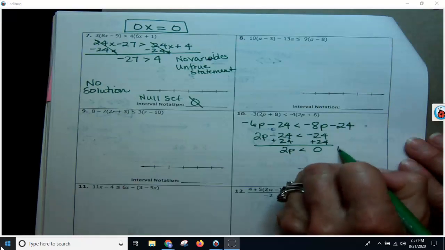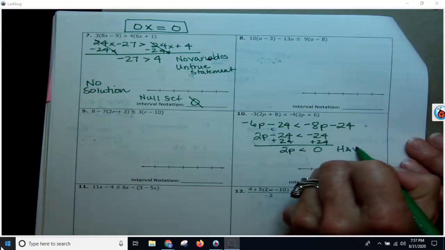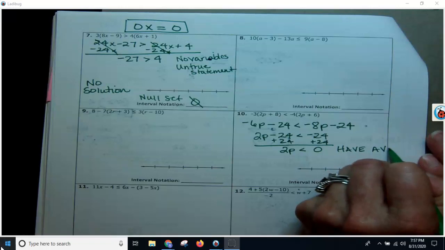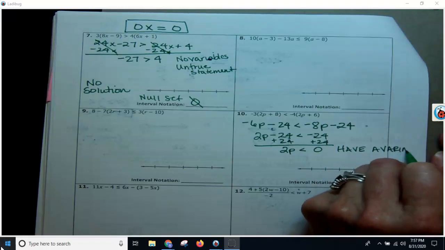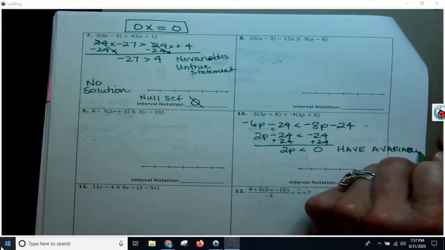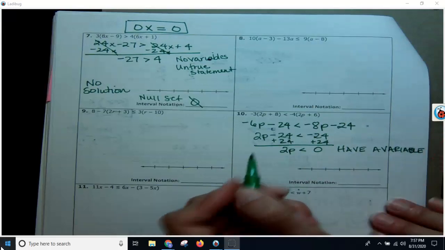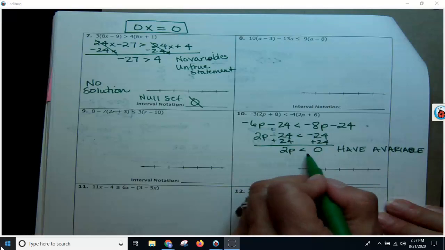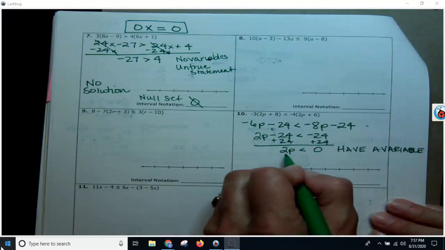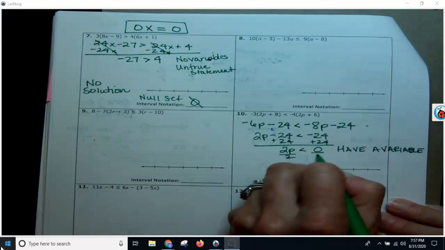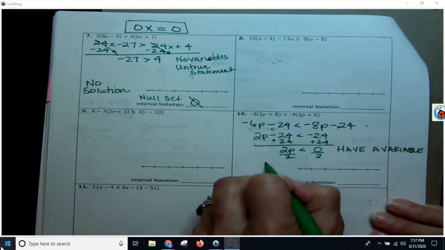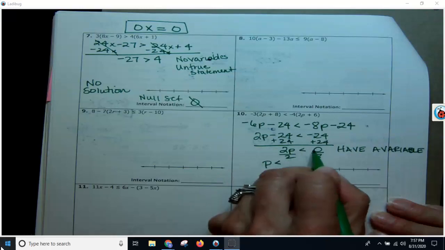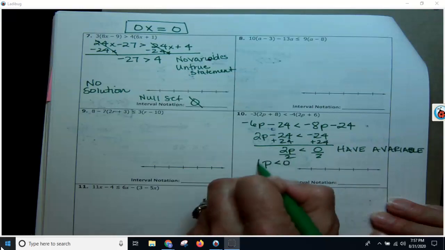Now, we have a variable. So, if we have a variable, it means that this is not over. We can still solve this. Do not stop here, because that'll be wrong. I'm going to divide both sides by 2, and I'm going to be ending up with p is less than 0 over 2, which is 0.